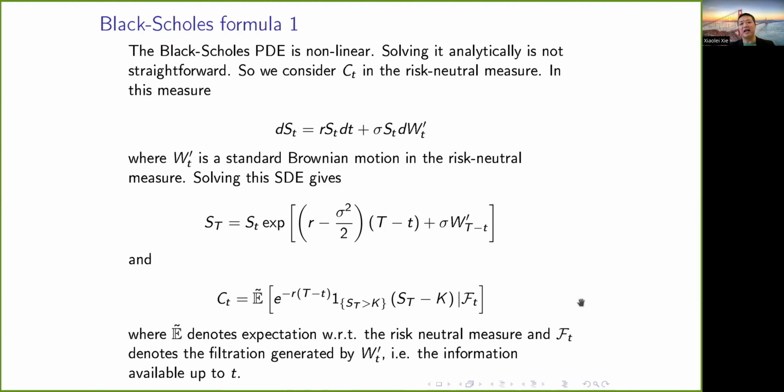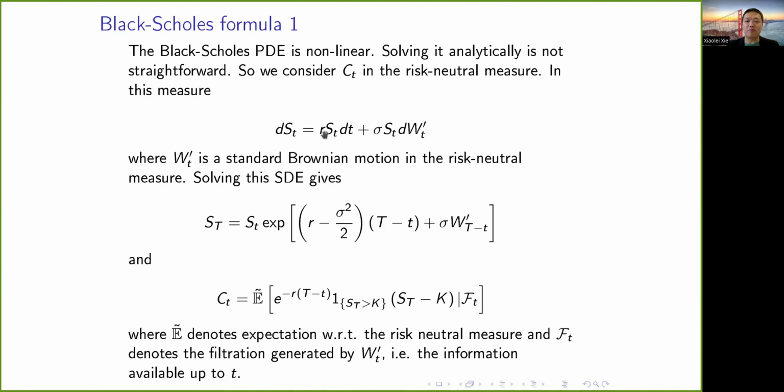All right, so next, let's look at the Black-Scholes formula for the option price. The motivation here is that the PDE that we have derived is not so straightforward to solve, because we see it is a non-linear equation. So we'd like to take a different approach, namely to consider the option price in the risk-neutral measure. In this measure, the asset price, which is a geometric Brownian motion, can be expressed in a slightly different form.